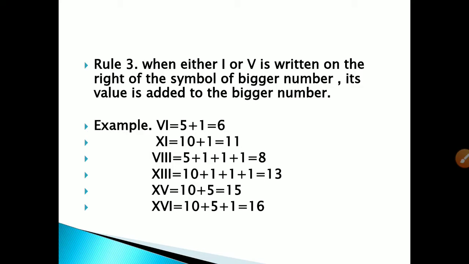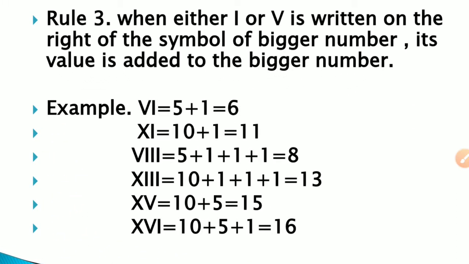V I. Now what is the value of V? 5. What is the value of I? 1. The I is written on the right side of the bigger number, so we need to add the values. 5 plus 1 is equal to 6. Next, X and I. What is the value of X? 10.